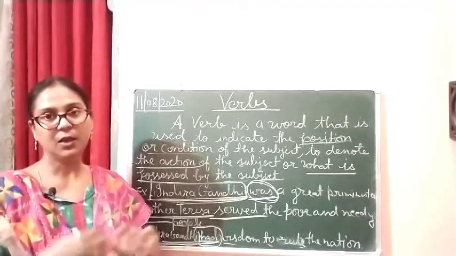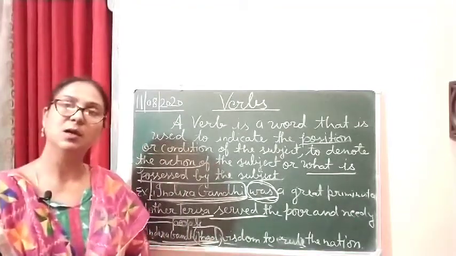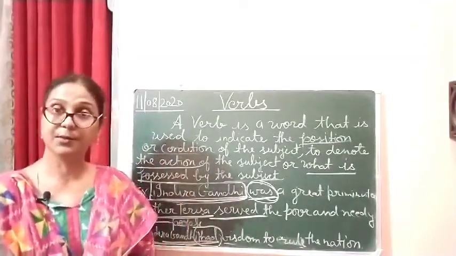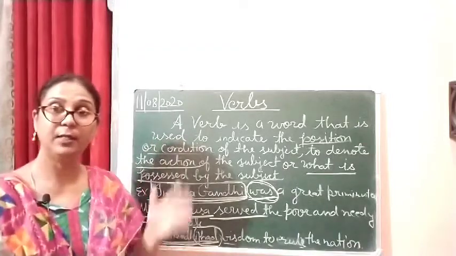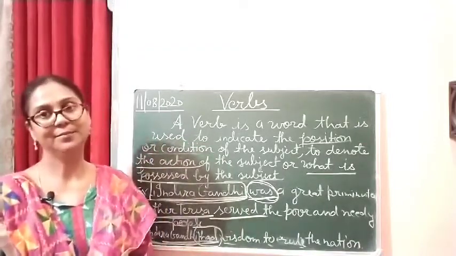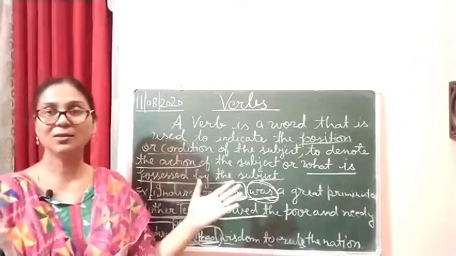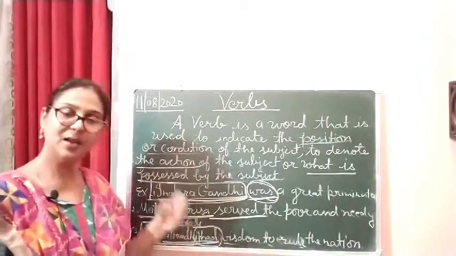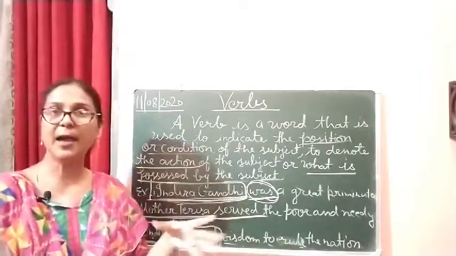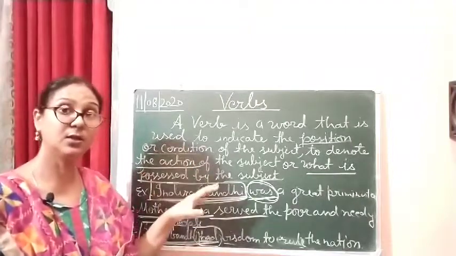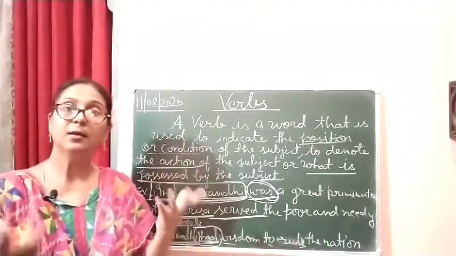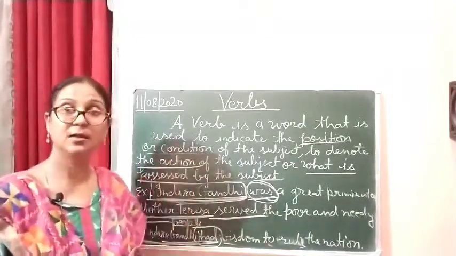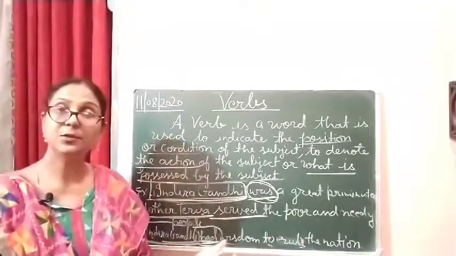Because as we gradually progress in this topic, we will understand the kinds of verbs. How can we understand them without the definition of verb? So this definition denotes the position and condition of the subject, the action done by the subject, and what is possessed by the subject.